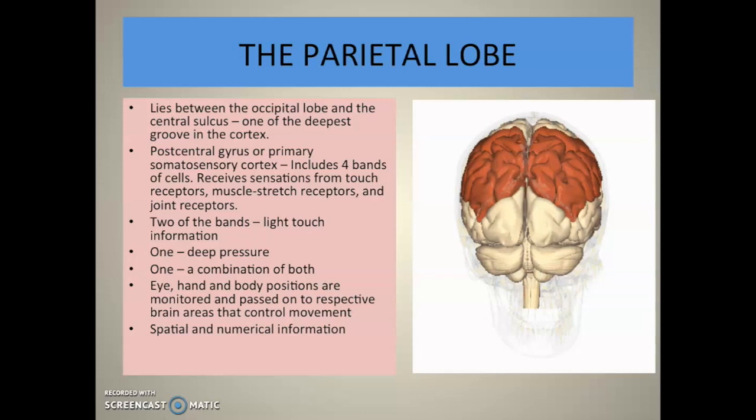The next thing about the parietal lobe is there are different distinct parts in the parietal lobe that are of significant importance. The first thing that we're going to try to understand is the post-central gyrus or the primary somatosensory cortex. This is a very important region located in the parietal lobe. It allows you to process sensory information from different parts of your body.